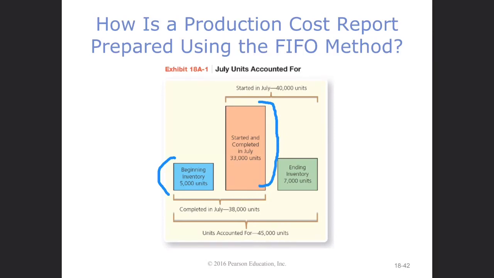Our completed in July is going to be that beginning inventory of 5,000 plus the started and completed of 33,000, which gives us 38,000. If you have a question that says what was the total units accounted for, you're going to also include your ending inventory. That's going to give you 45,000 as total units accounted for.